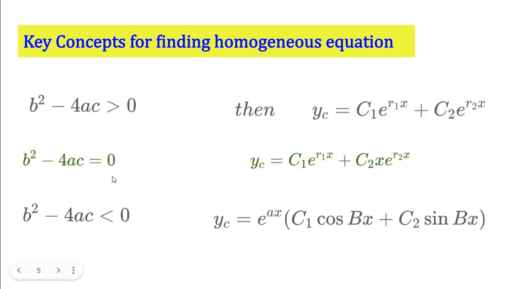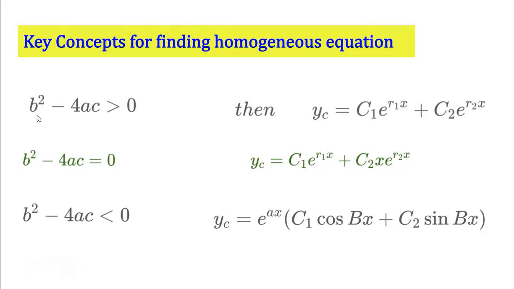So after we have learned how to guess our particular solution, we should also know how to find our complementary or homogeneous solution to the non-homogeneous equations. The following rules are applicable. 1.